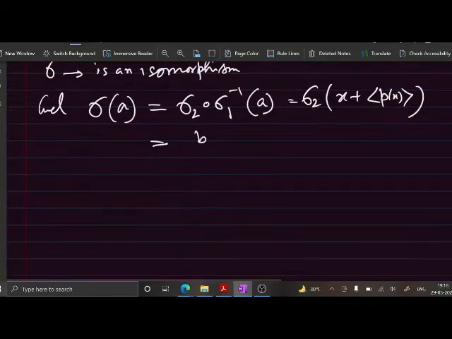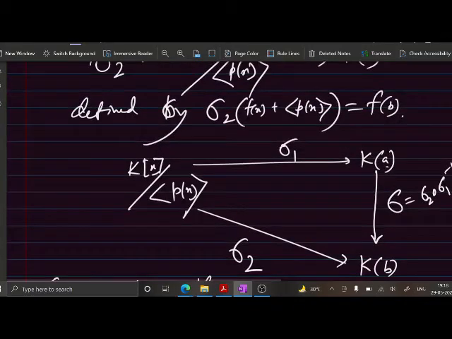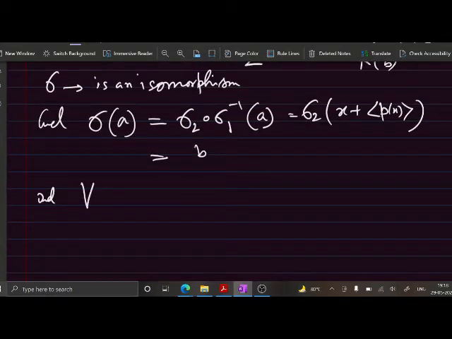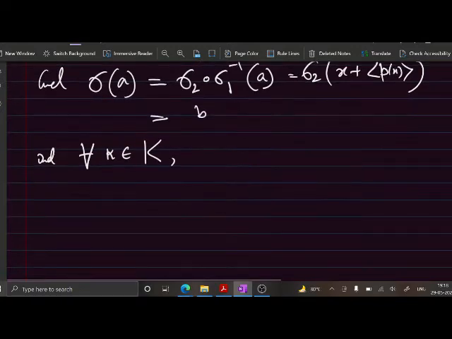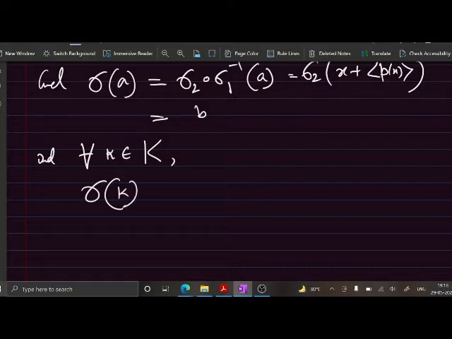Now if you take any element small k belonging to capital K, then the value of sigma at this k is again sigma 2 composed with sigma 1 inverse at small k.